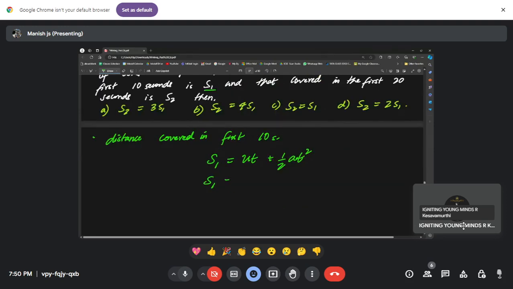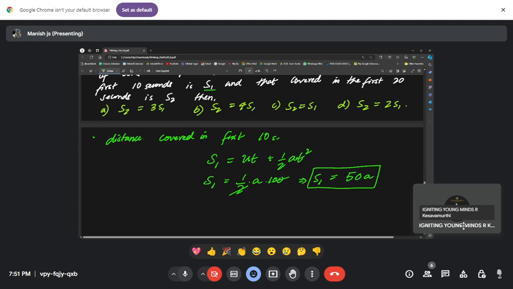You will get S1 is equal to initial velocity is 0. So you will get half into acceleration. You don't know acceleration, take it as A. T square is 10 squared, which is 100. So what is the value you will get? You get S1 is equal to 50A, right? So 50A is the value. Just cancel it off. So S1 is equal to 50A is the first relation.